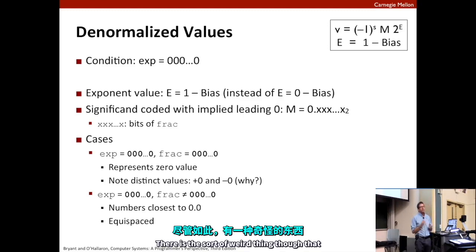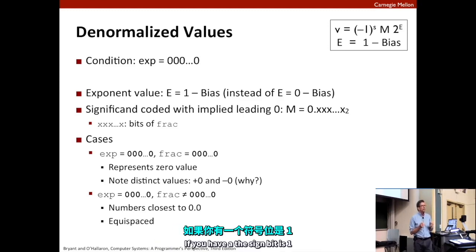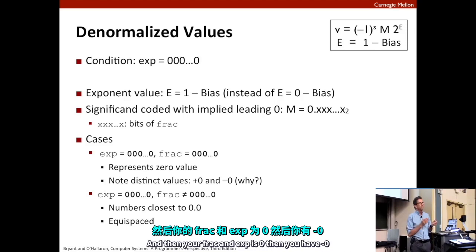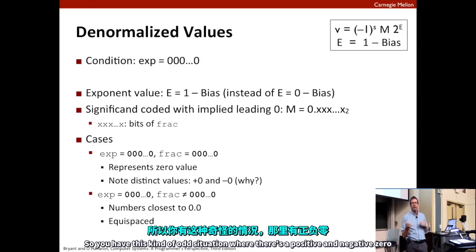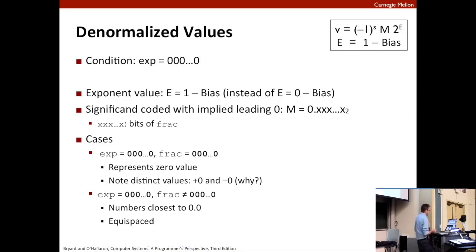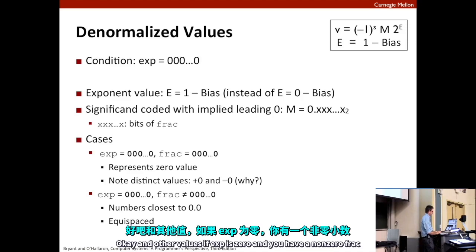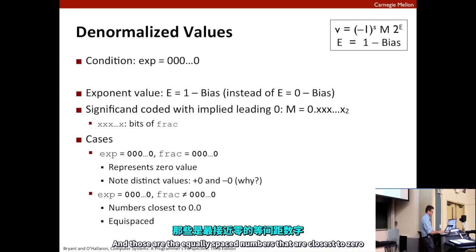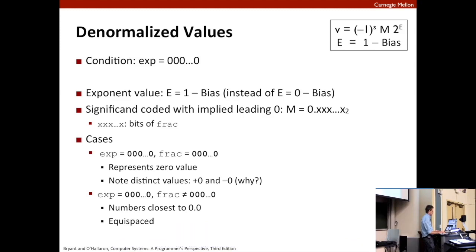There is a weird thing though: if the sign bit is 1 and your frac and exp are 0, then you have negative 0. So you have this odd situation where there's a positive and negative 0. And if exp is 0 and you have a non-zero frac, those are the equally spaced numbers that are closest to 0.